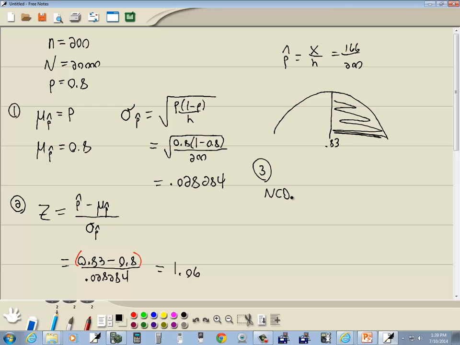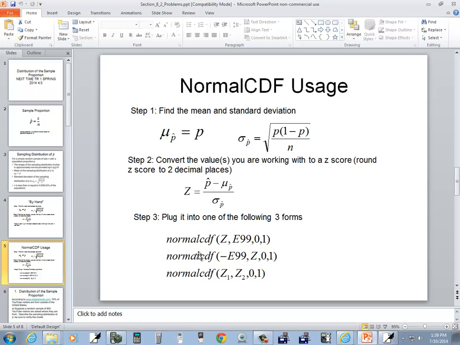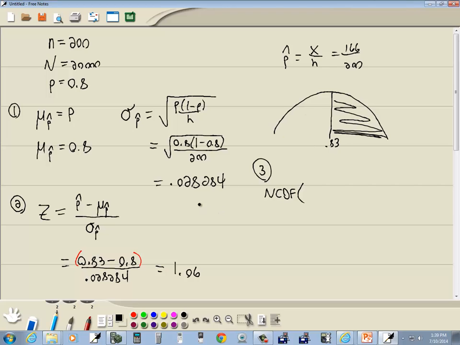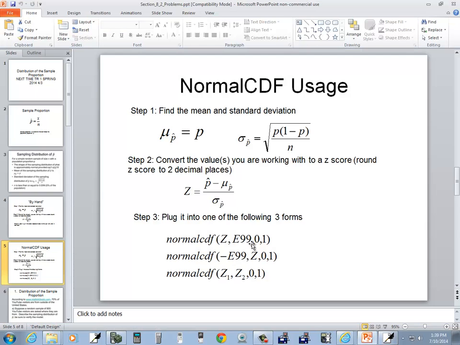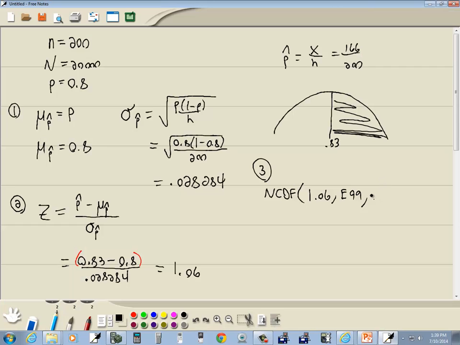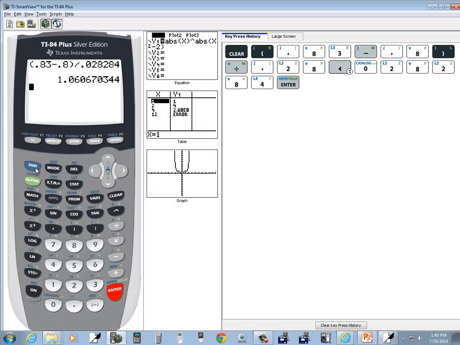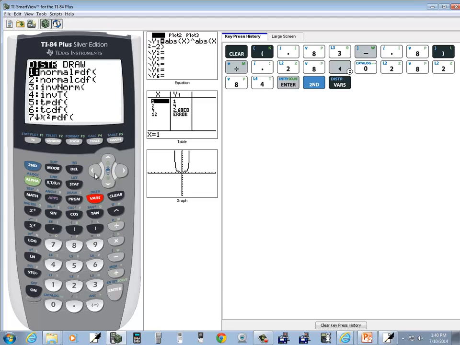So we'll do normal CDF, then it tells us put z in. Well, we just found z down here at 1.06, comma, E99, comma, and then it tells us 0, 1. Okay, let's see how that goes. Second vars, I'll choose normal CDF.